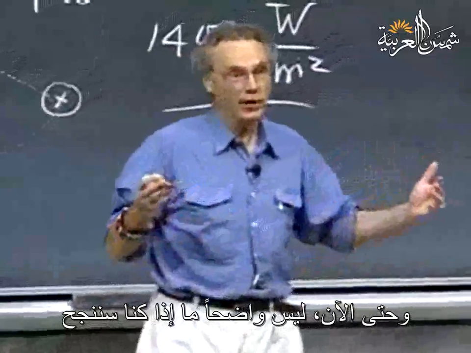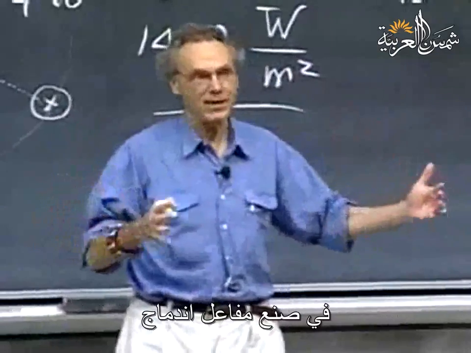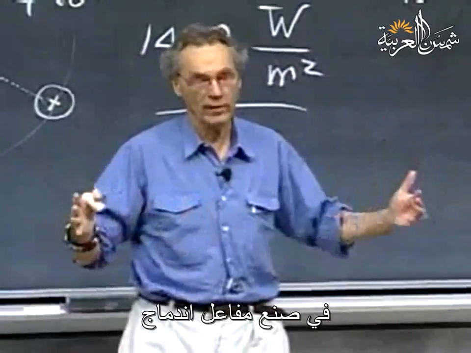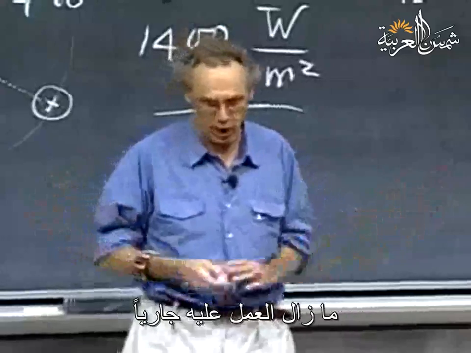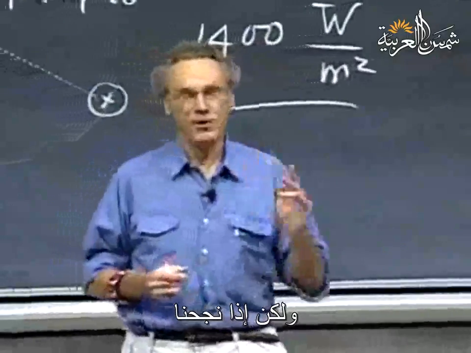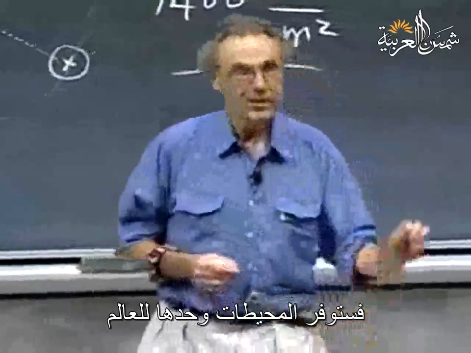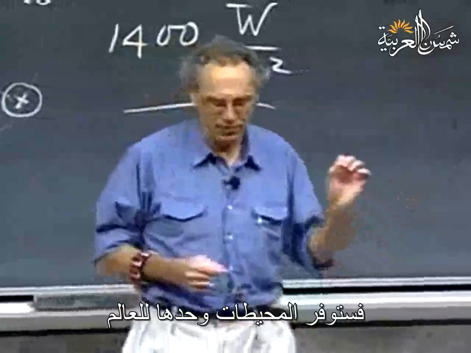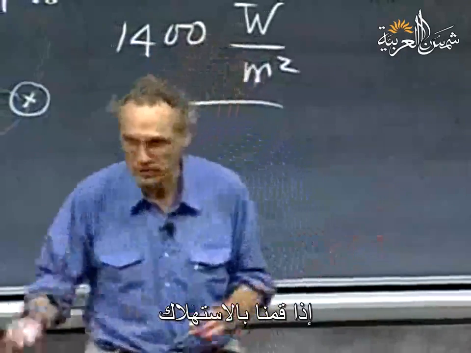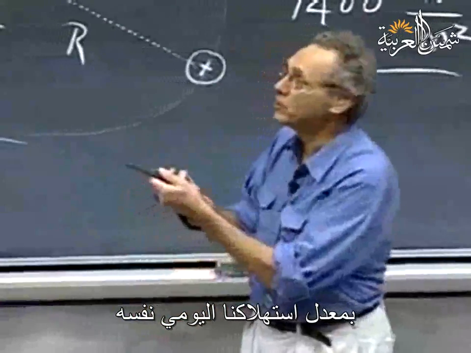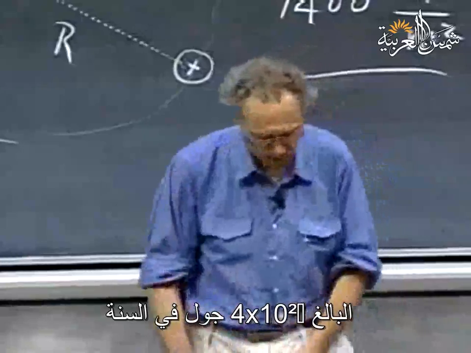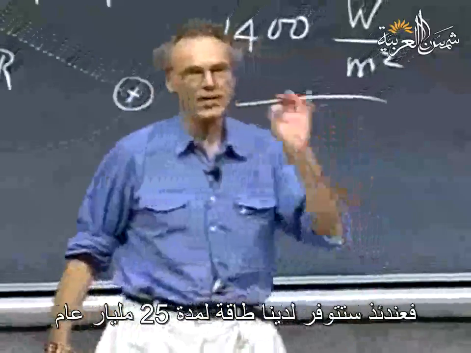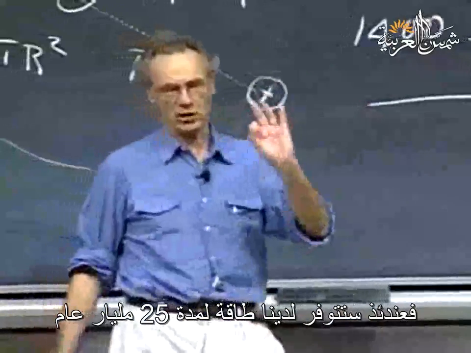Now it is unclear whether we will ever succeed in making a fusion reactor work. That is still completely unclear. People work hard on it. But if we succeeded, then simply the oceans would provide the world, if we consume it at the same rate that we are consuming today, 4 times 10 to the 20 joules per year, we would have enough energy for 25 billion years.